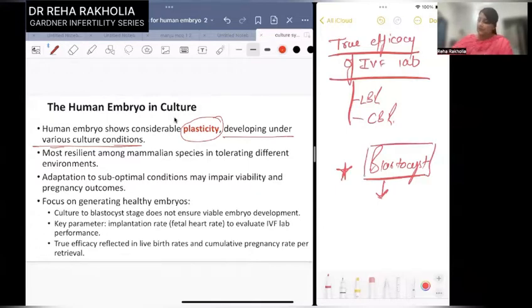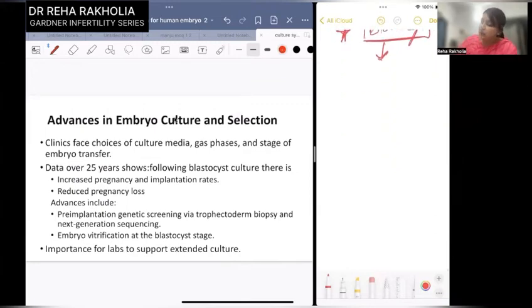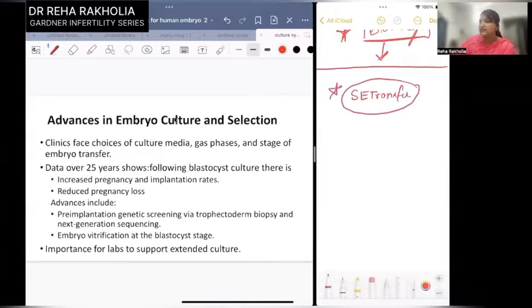Okay, then key parameter: advances in embryo culture and selection. What are the advances? See, nowadays we do SET, single embryo transfer. We try to do single embryo transfers. Why? How was that possible?